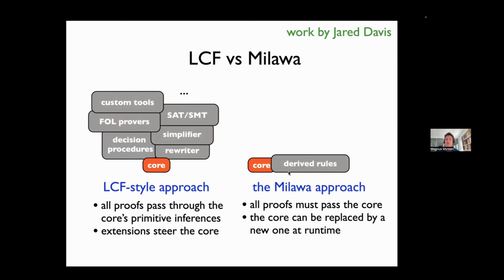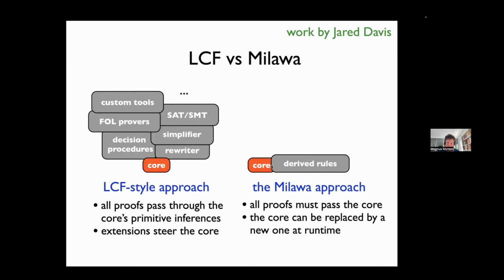And then, to be able to switch to the derived rules blob being the new kernel, the new proof checker at the heart of the theorem prover, you have to prove using the current core that this one is sound, or that every proof you can do here, you can also do there somehow.